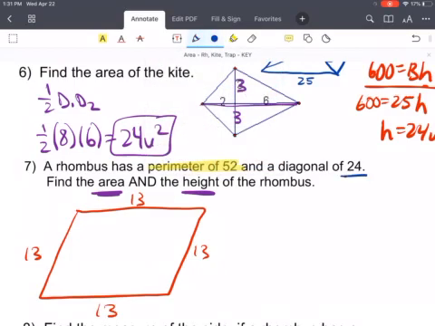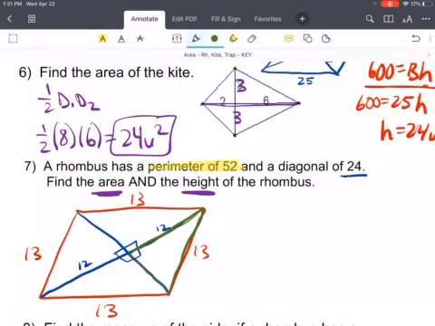Then apply the next part, which is a diagonal of 24, which means it's going to break up into 12 and 12. I can now use my Pythagorean theorem for one of my triangles here. If we remember our triples, that is a 5, 12, 13, which means the other half is also 5.